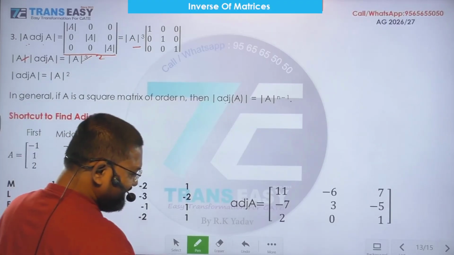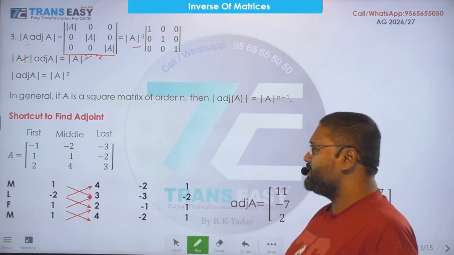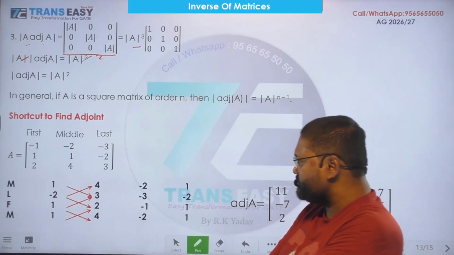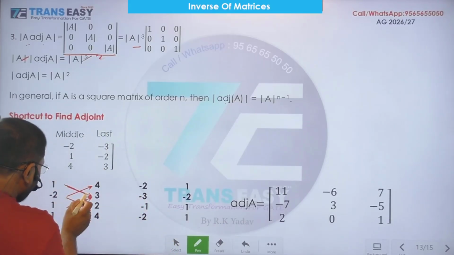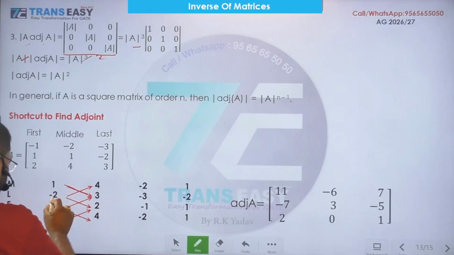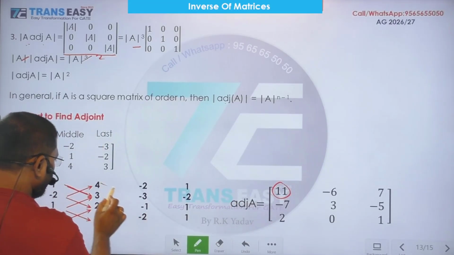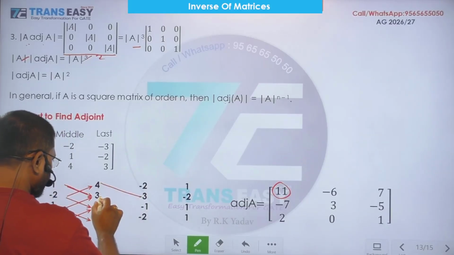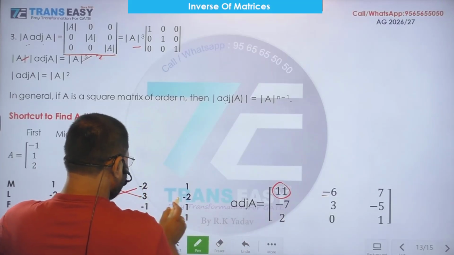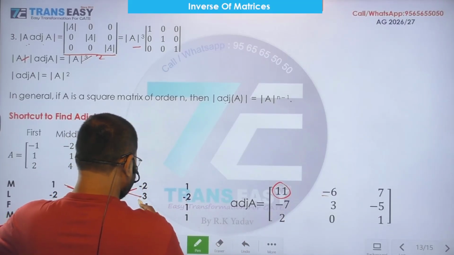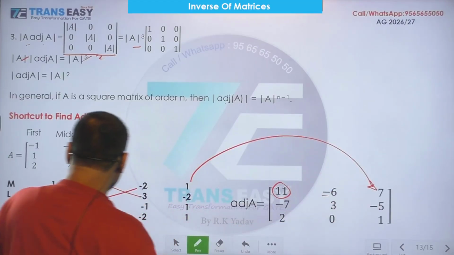We can easily obtain adjoint A by using this shortcut technique. Dear students, after arranging, do this: 1 into 3 minus product of -2 and 4, it is giving 11. 4 into -3 minus 3 into -2, -6, -2 into -2, 4 minus -3, it is giving 7.